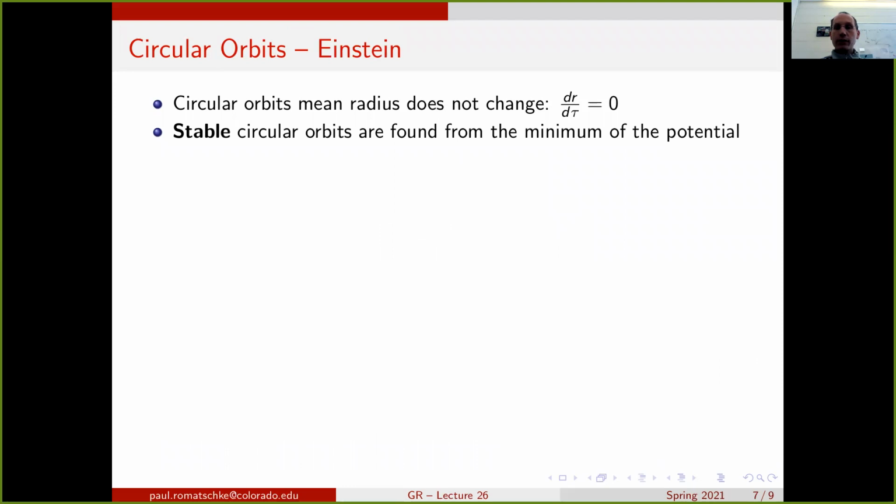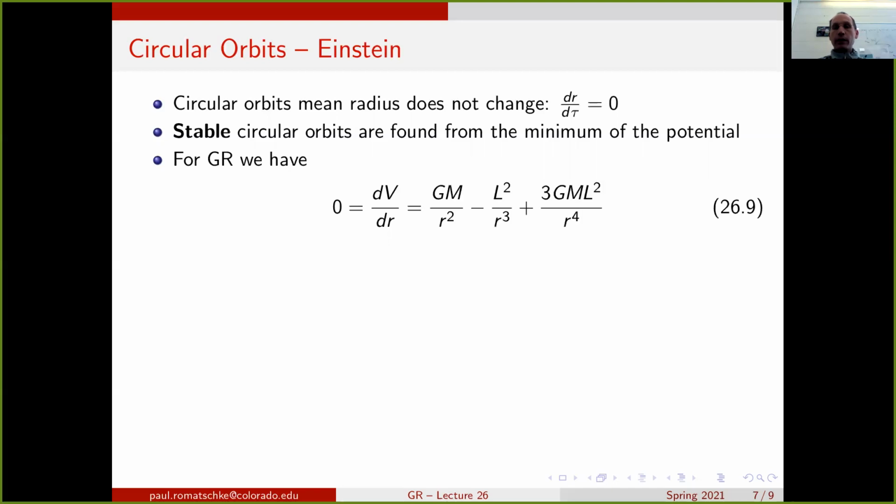Now let's redo the same calculation in Einstein gravity. To this effect, we have to take the derivative of the potential that we found for our GR equations of motion. We'll get two terms that match exactly the Newton potential, and then there's the additional term that's specific to general relativity.